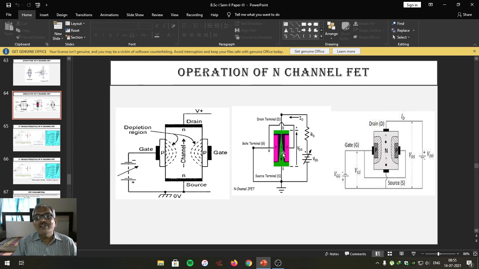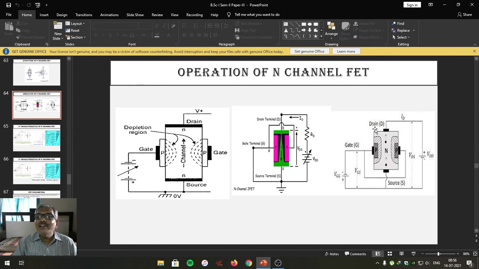Same FET we have to consider here. In this case, the polarity of VDD is also changed for a P channel FET. You have to connect the negative terminal to the gate and the positive terminal to the source, because the source has to emit the holes, liberate the holes.